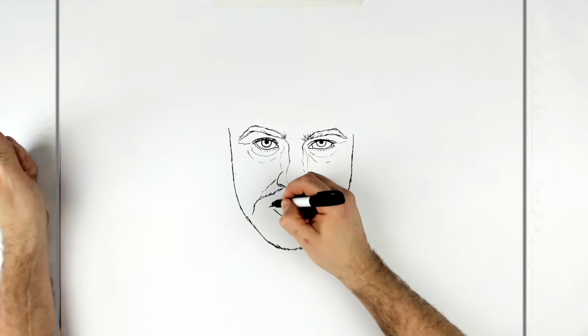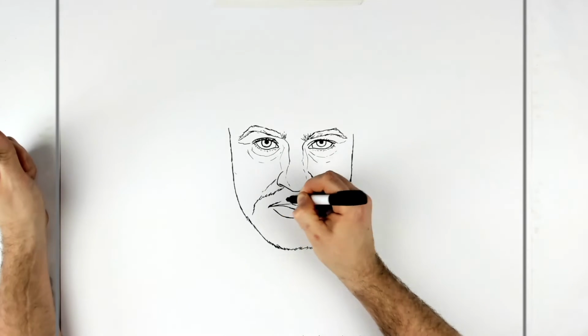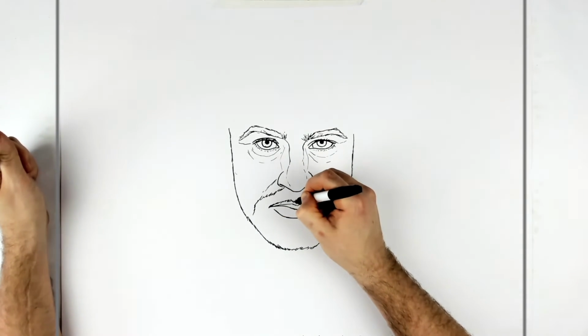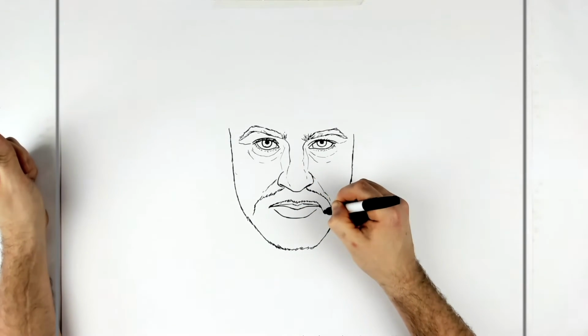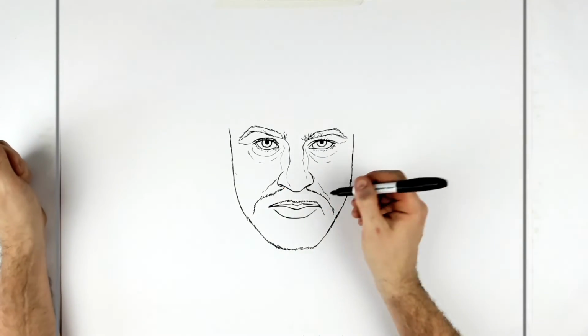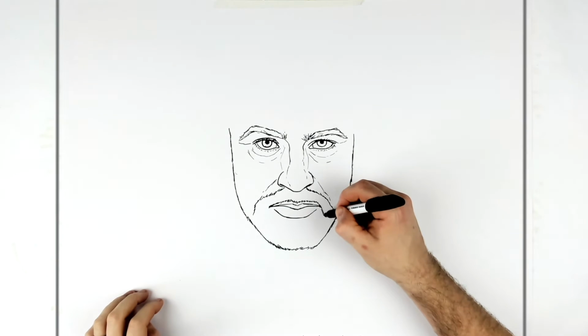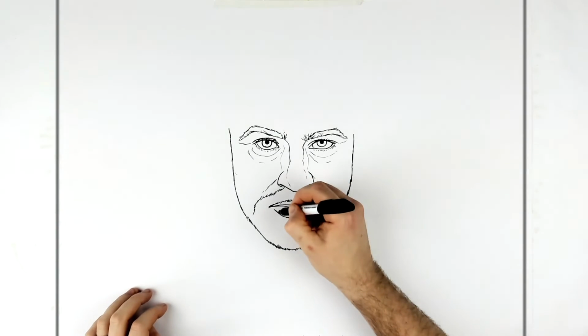And then the top of the beard comes down right at the edge of his mouth here. And he's got a real full beard, so it goes right across his mouth right into there.